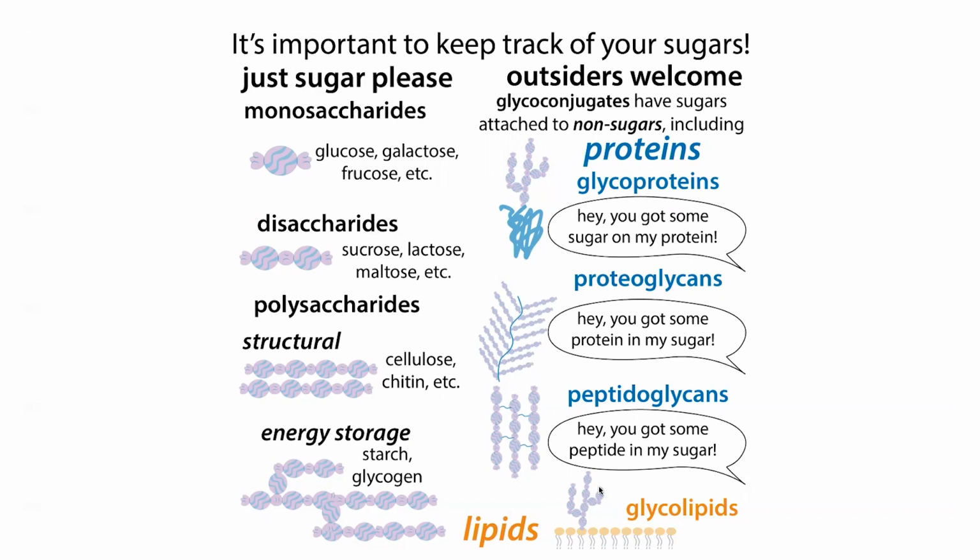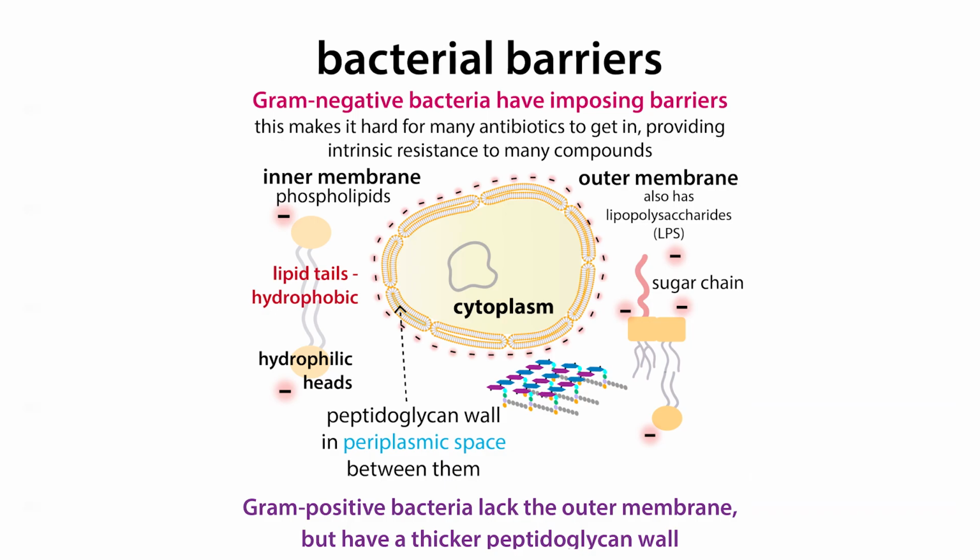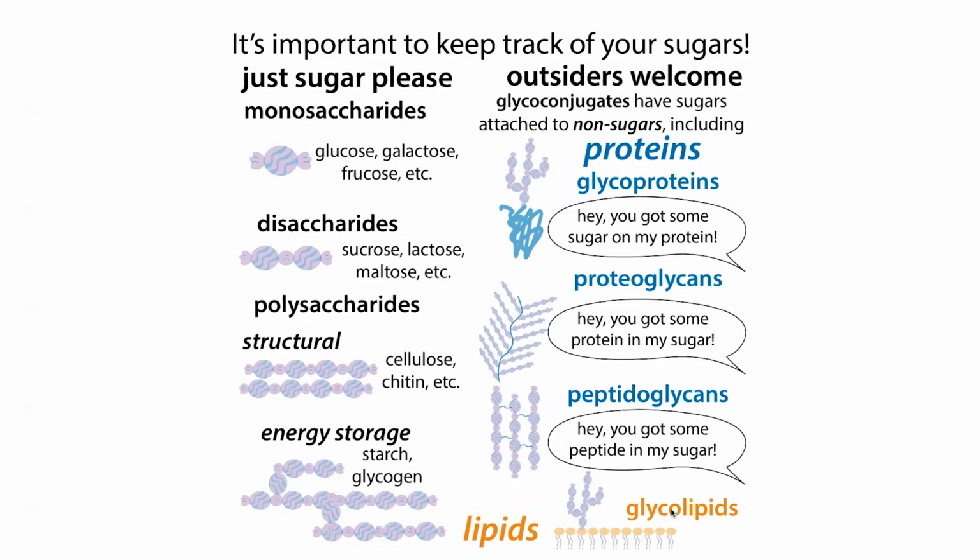Bacteria actually have these glycolipids, this LPS, where they have distinct sugars that they put onto the surface of their cells. This protects them, but it also causes us to have an immune response against them. And this can cause some of the symptoms from a bacterial infection. That's just one example of a glycolipid.